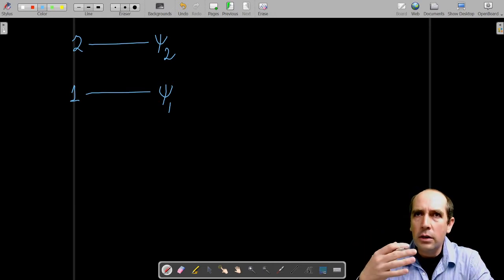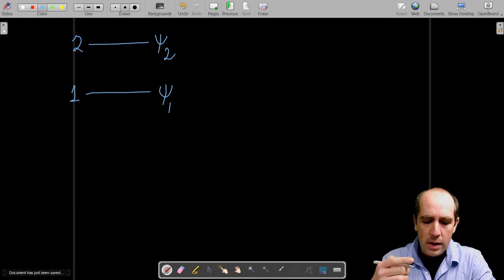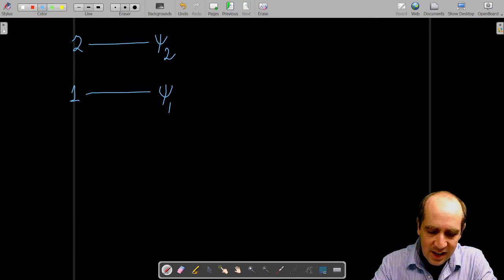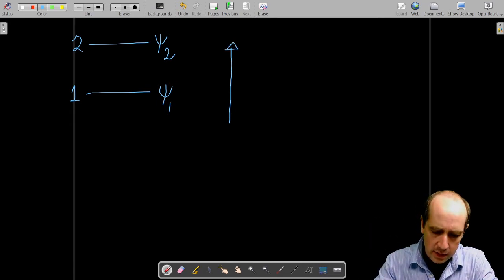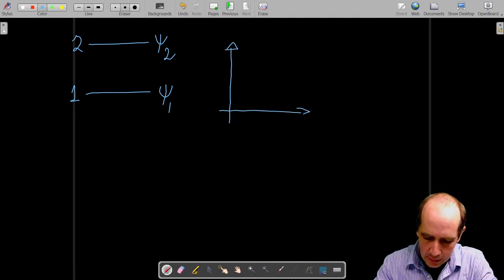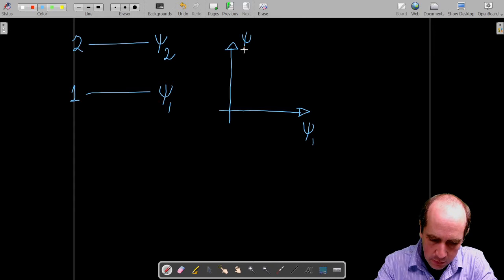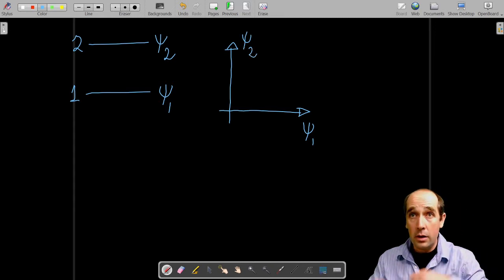I don't want to make this too formal, but we can see these two functions as vectors in this abstract space that we call the Hilbert space. And these two vectors associated to the wave functions psi1 and psi2 are orthogonal to each other.